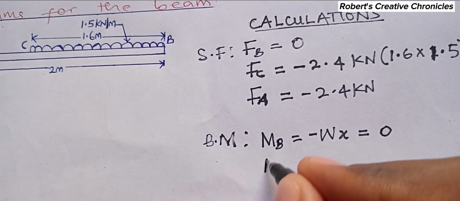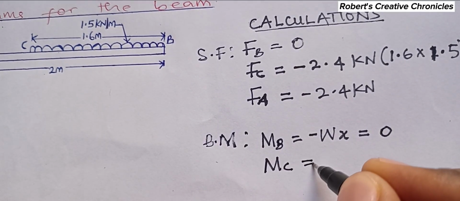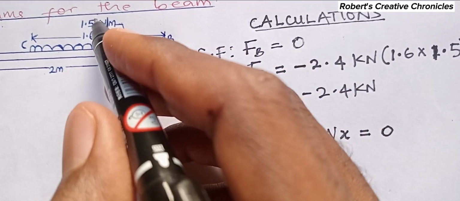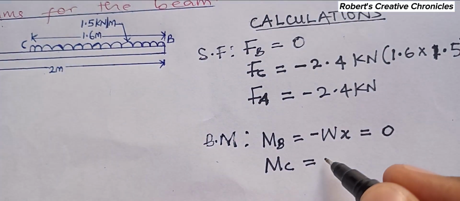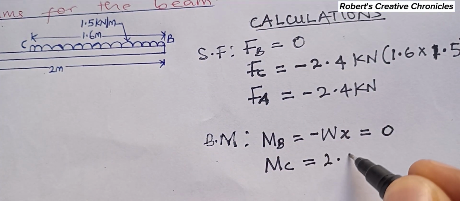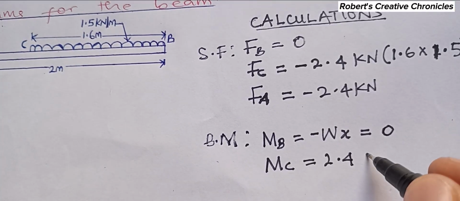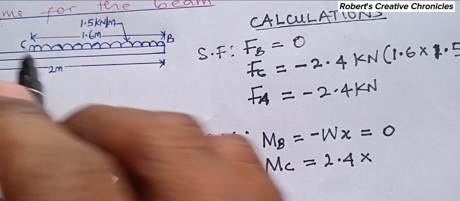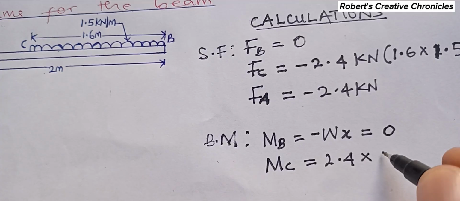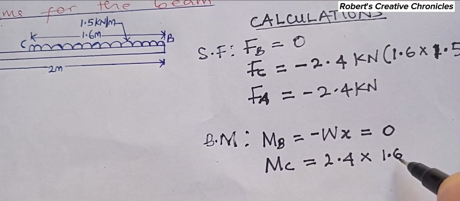So the bending moment at C is what? There will be a point load acting at the center here. That point load is 2.4, multiplied by the distance from here to here, which is 1.6 divided by 2.